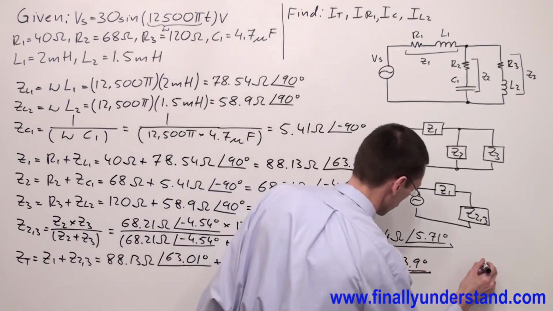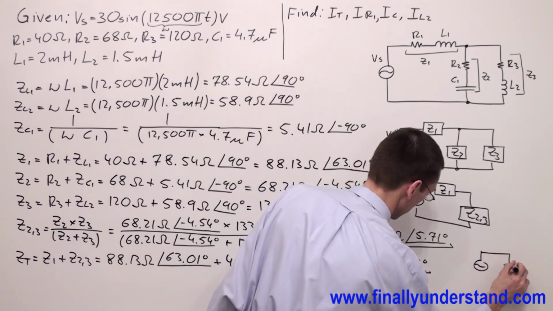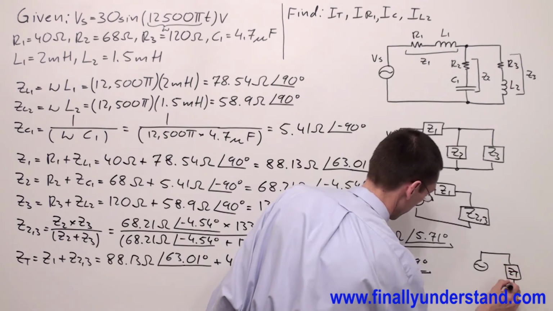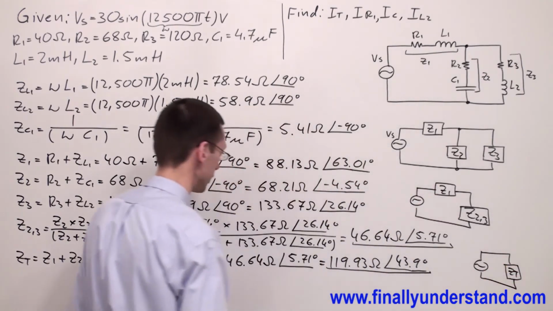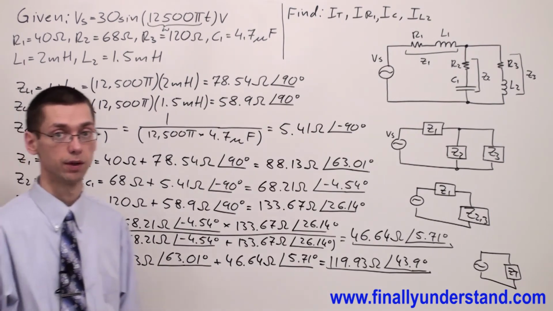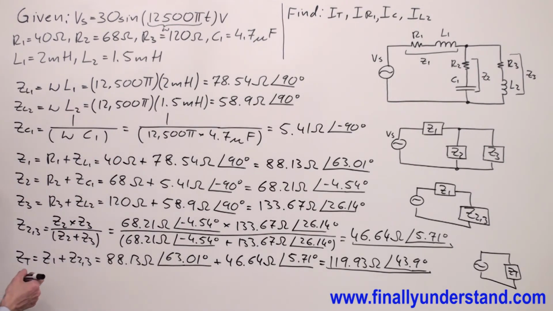Okay, so you can redraw the circuit, and your circuit right now looks like this. We have Z total. Now we can find I total. In order to find I total, I simply use Ohm's law. Current is equal to voltage over the impedance.